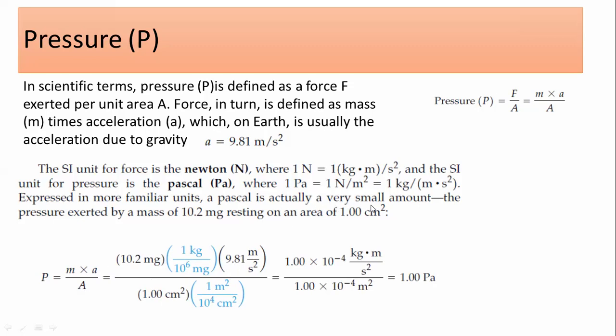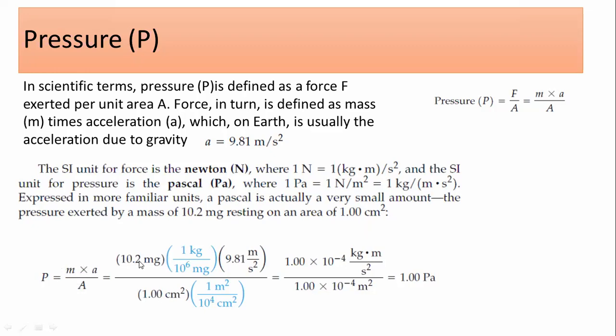So Pascal is actually a very small amount that is exerted by a mass of 10.2 milligram resting on an area of 1 centimeter square. So if you have the mass of 10.2 milligram on an area of 1.0 centimeter square, this pressure is called the 1 Pascal. Now we are going to calculate by using the same formula, and it is very easy.